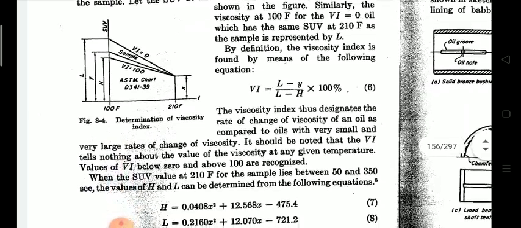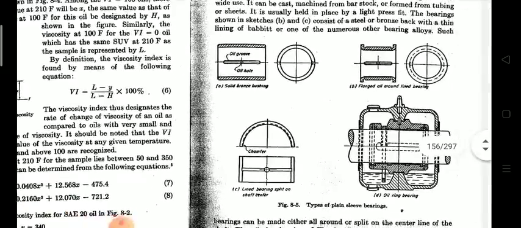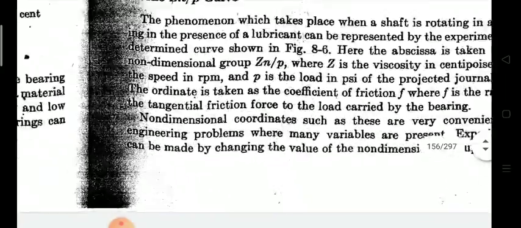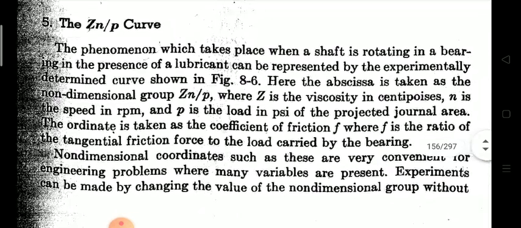Now, how can we decide the viscosity of the lubrication system? It is known as the ZN by P curve.